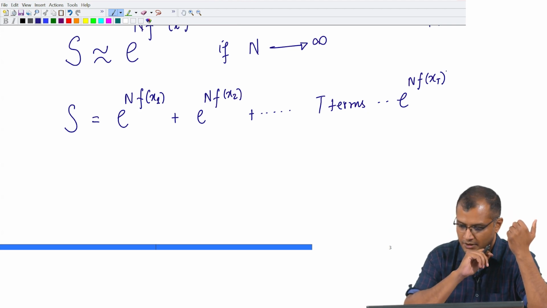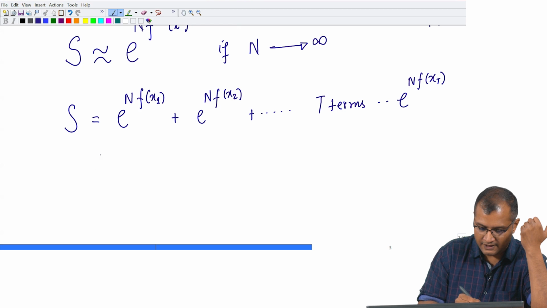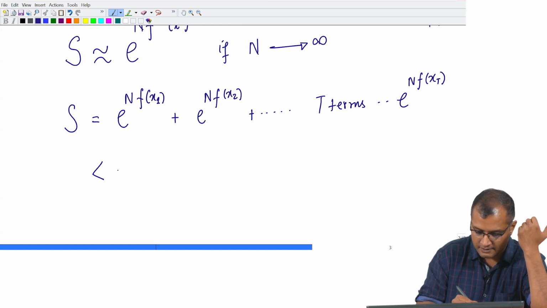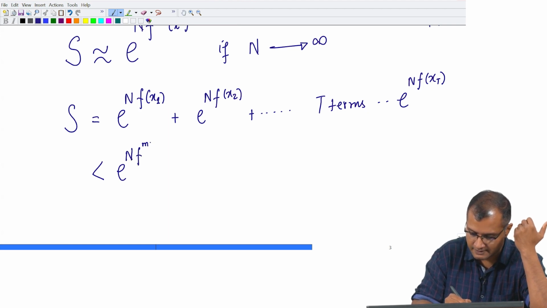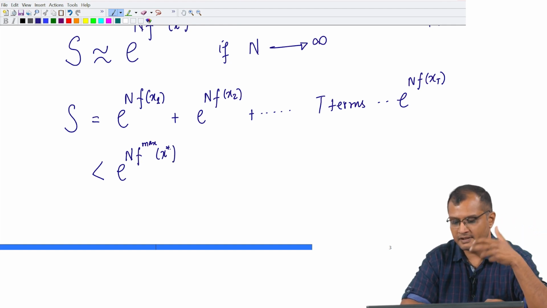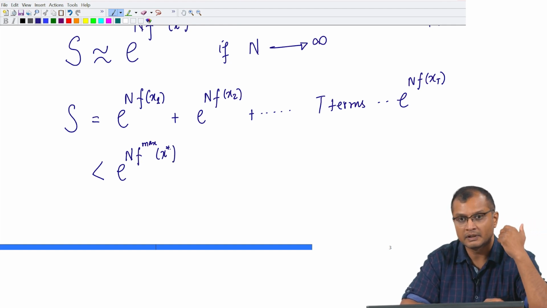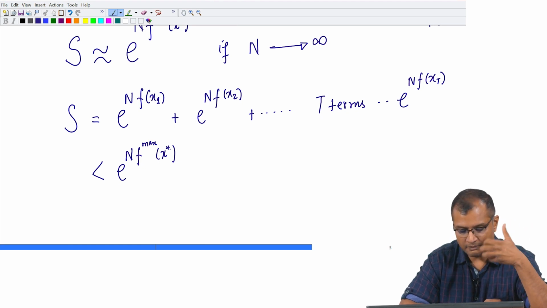Okay. So, I can definitely say that my summation would be less than e to the power n f max at some x star. Let us say one of these terms is the maximum and it occurs at x star. Okay. So, I definitely know that my sum is less than that.